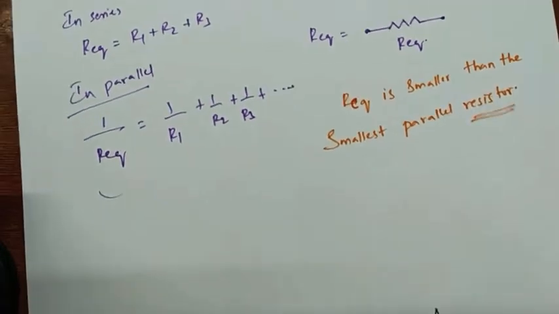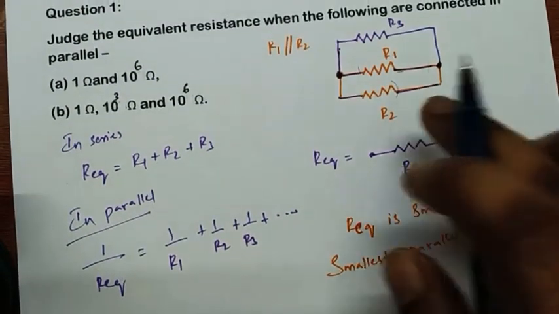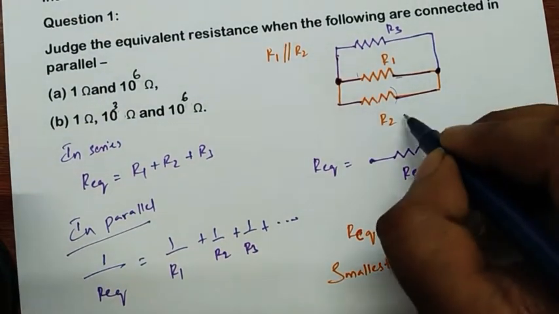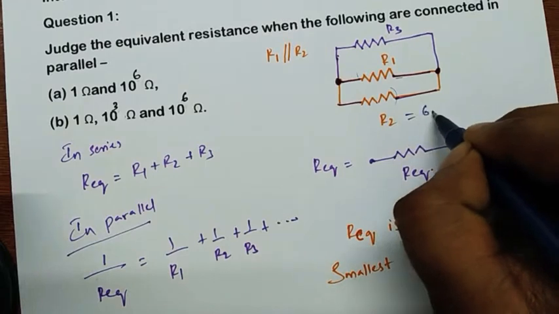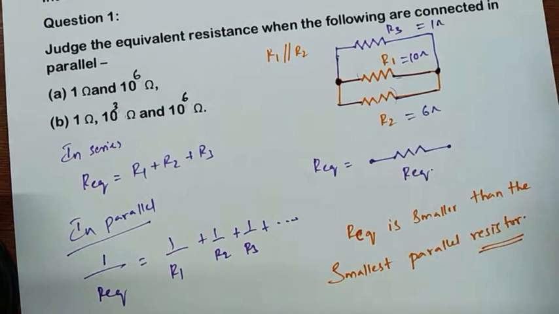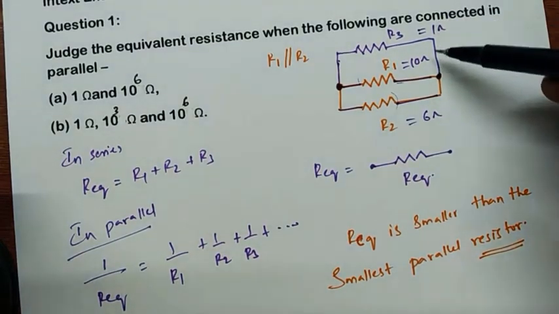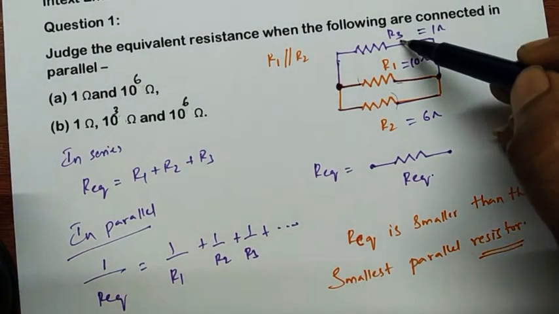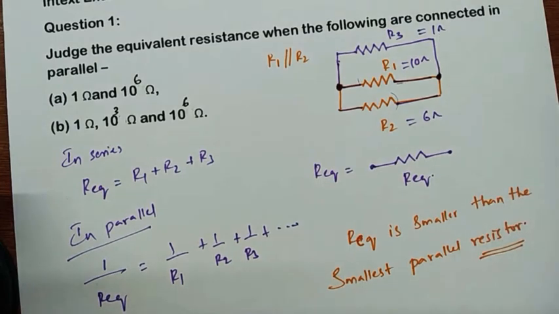I will show you. For example, here R2 is equal to 6 ohms, R1 is equal to 10 ohms, and R3 is equal to 1 ohm. What is the least value of resistor? 1 ohm is the least value of resistor.